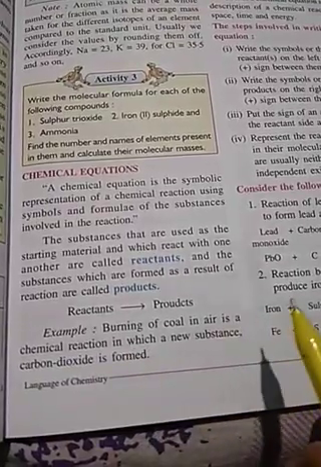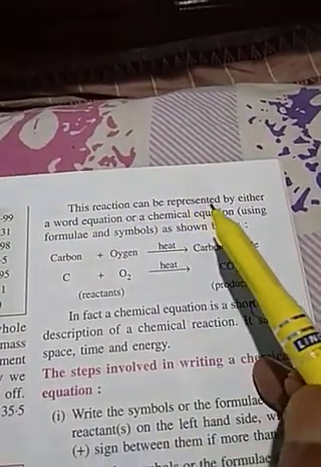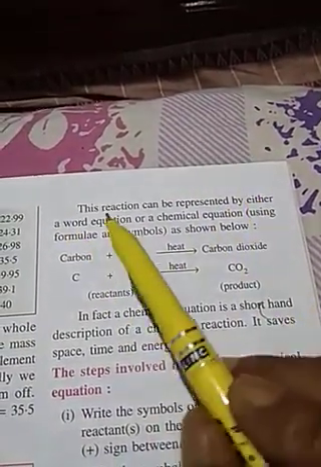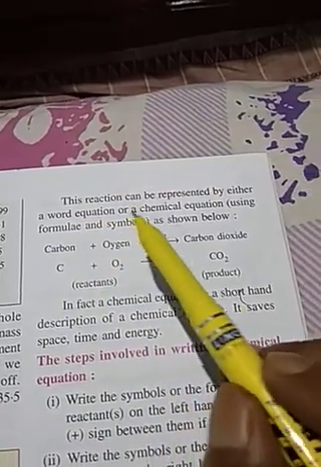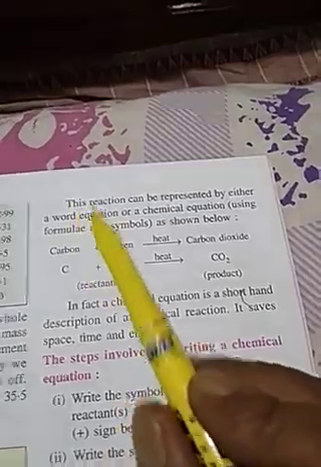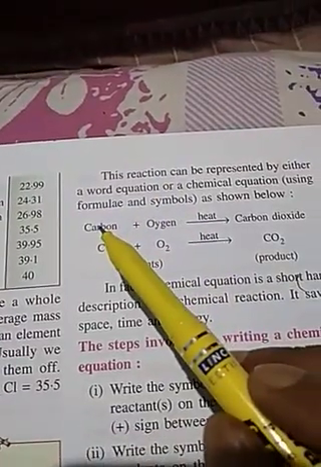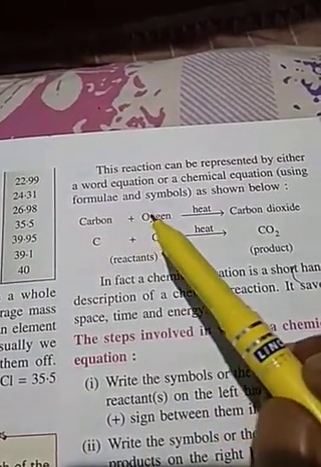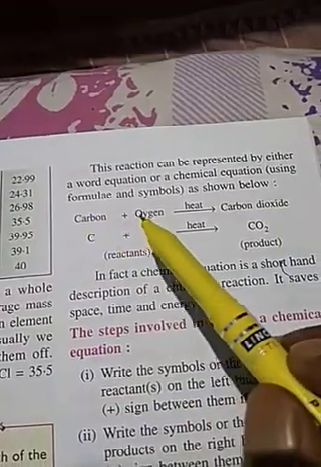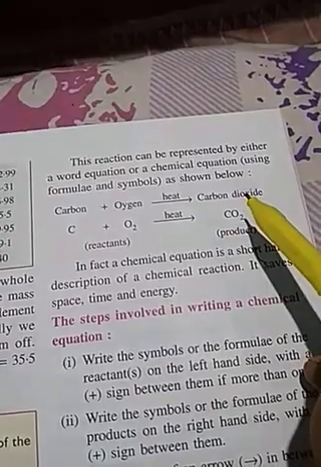For example, burning of coal in air is a chemical reaction. A new substance, carbon dioxide, is formed. So this reaction can be represented either as a word equation or a chemical equation. This was our statement, but now in short we write carbon plus oxygen, heat means when it is burnt, forms carbon dioxide.